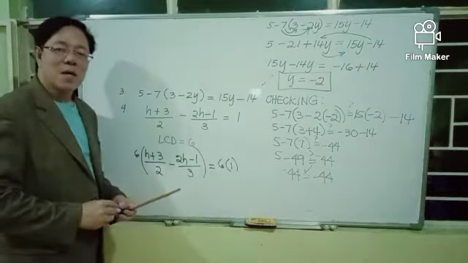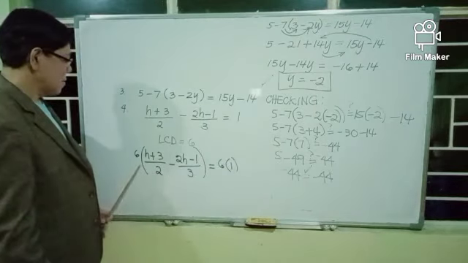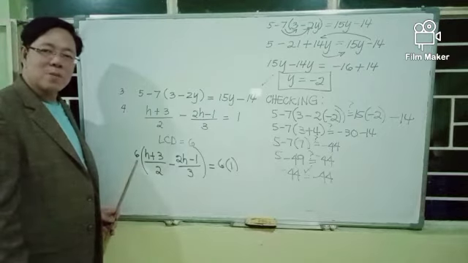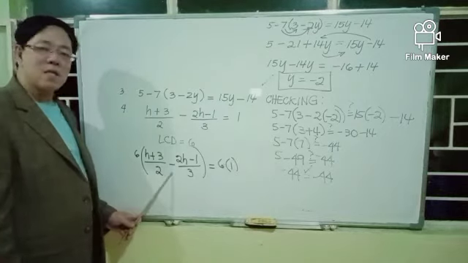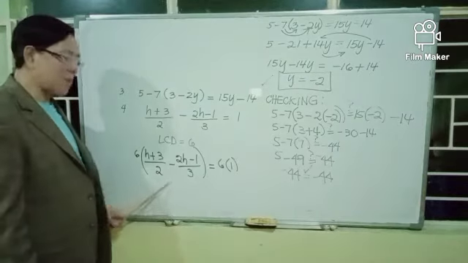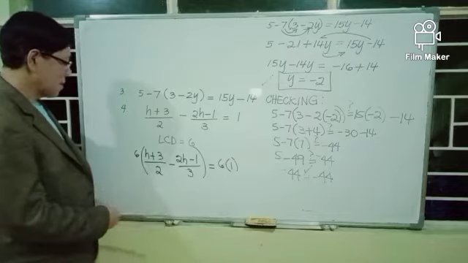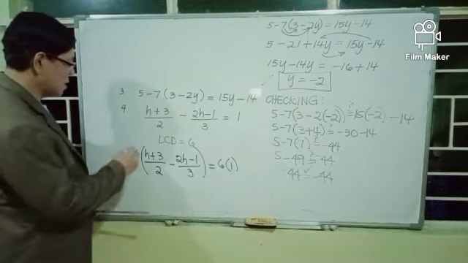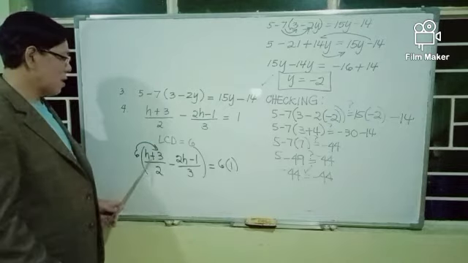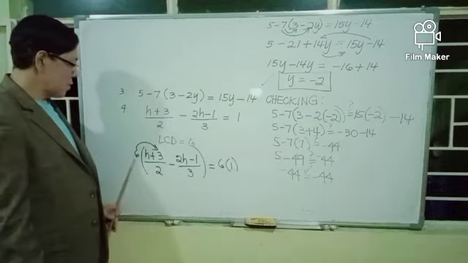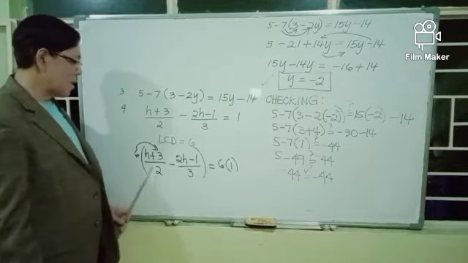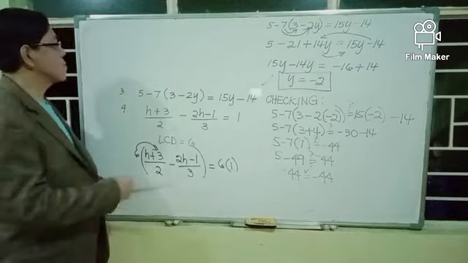And to remove the grouping symbols, we use the property of multiplication over addition or subtraction, which means we multiply each term of this binomial by 6. If you multiply 6 by h plus 3 over 2, you can see 6 is divisible by 2, and 6 divided by 2 is 3.